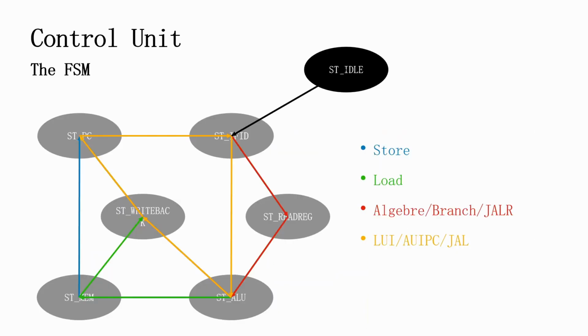Since we do not run instructions in pipeline, we use a finite state machine to control the running of the instruction. For different kinds of instructions, it will use different blocks in different order. For example, an addition instruction will read instruction memory, read register, and ALU do calculation, then write back to register and update PC.